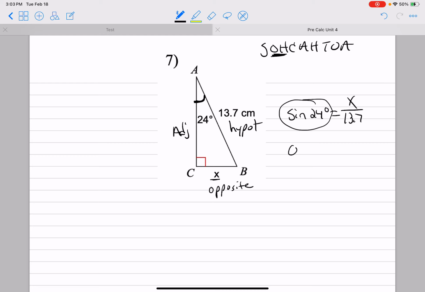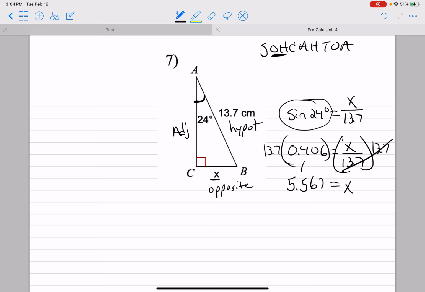So 0.406 equals x over 13.7. Finish solving it. Times 13.7, 13.7 times 0.406, and I end up with x equals 5.562. So this would be a side of 5.562.